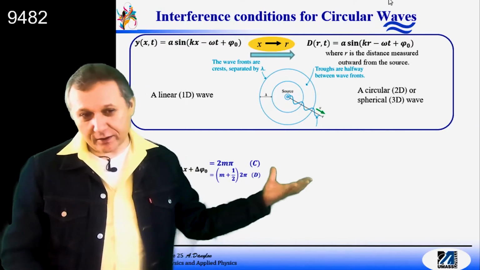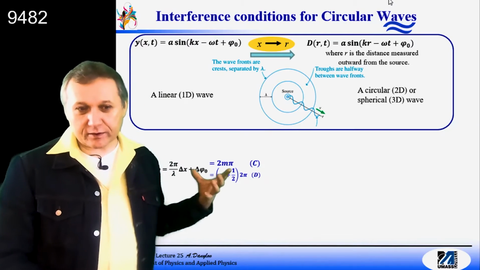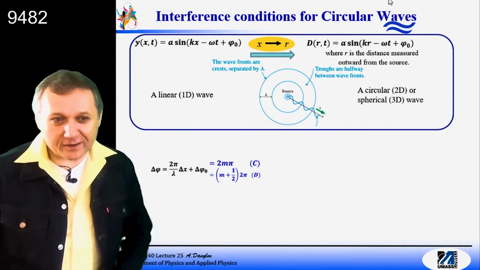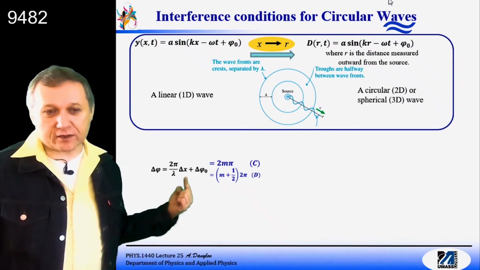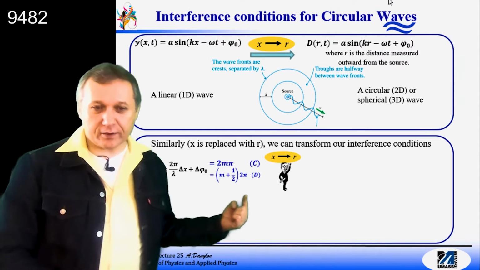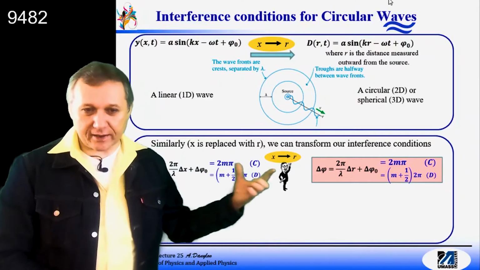So if waves are identical, we can apply these conditions for circular waves. Again, conditions are exactly the same, just you need to replace x with r. So the condition is 2 pi over lambda times the path length difference.